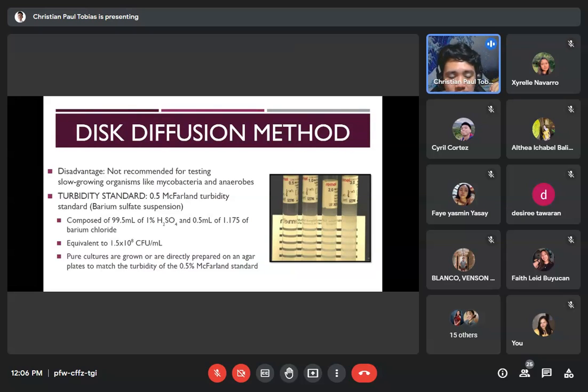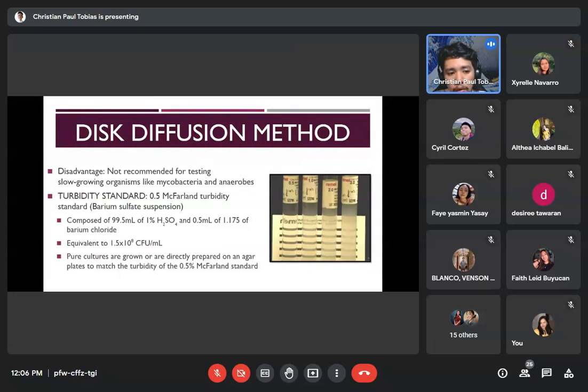So, your turbidity standard, yung 0.5 McFarland natin, yung parang ginamit din nating turbidity sa agar dilution method. Your turbidity standard is your barium sulfate suspension composed of 99.5 ml of 1% H2SO4 and 0.5 ml of 1.175% barium chloride. So, this is equivalent to 1.5 times 10 raised to 8 bacterial cells or colony forming units per ml.